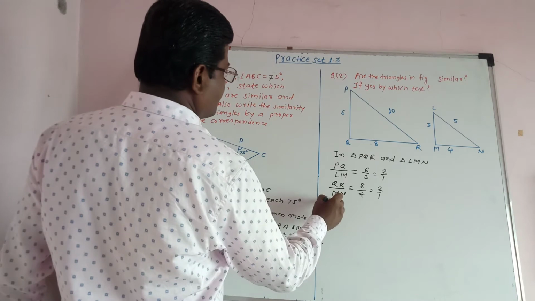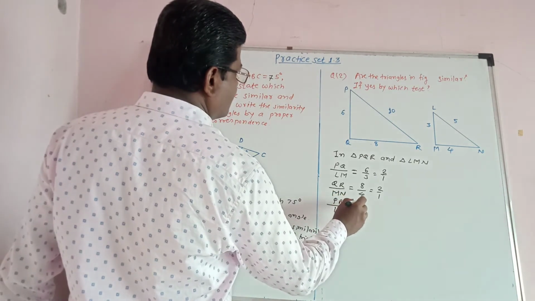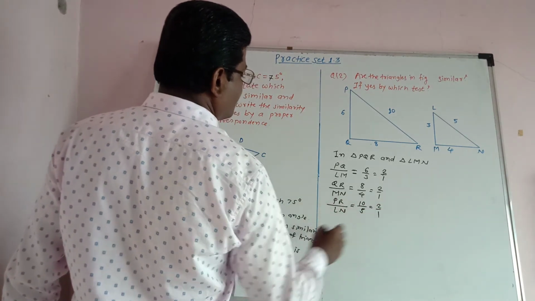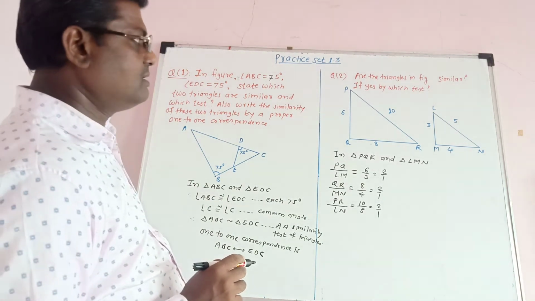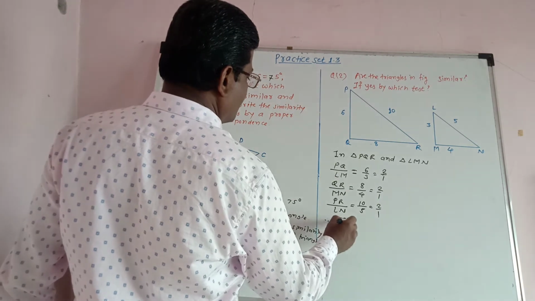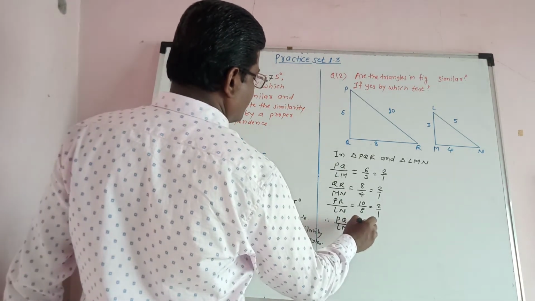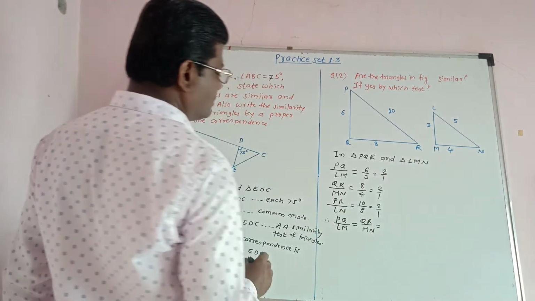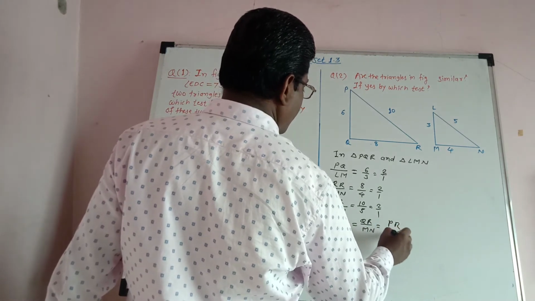And take the ratio PR upon LN is equal to 10/5, it is also 2/1. That is, the ratio of corresponding sides is equal. Therefore, we write PQ upon LM is equal to QR upon MN is equal to PR upon LN.